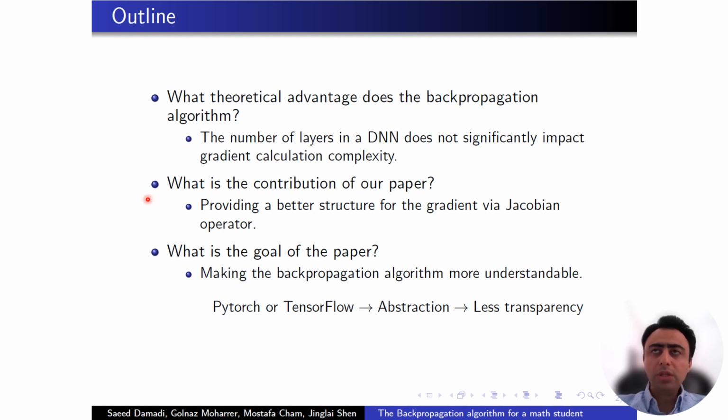We wanted to give a proof for backpropagation that is consistent with tools such as PyTorch and preserves the clarity and cleanness of mathematics. That is why I started writing this paper.